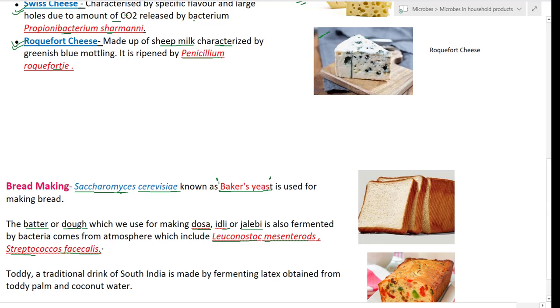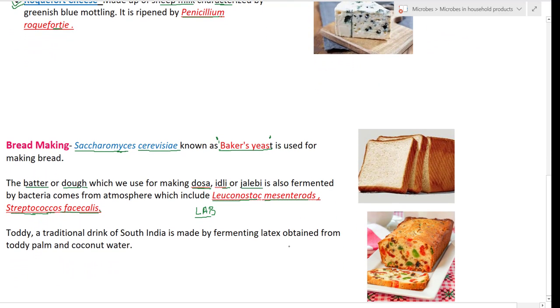When we keep the batter for fermentation, these microbes cause fermentation of the batter and release CO2. The puffed appearance of the batter is due to the activity of these microbes. These are lactic acid bacteria, Leuconostoc mesenteroides and Streptococcus faecalis. So different dishes are made from this fermented batter, which are quite yummy. We all like them.